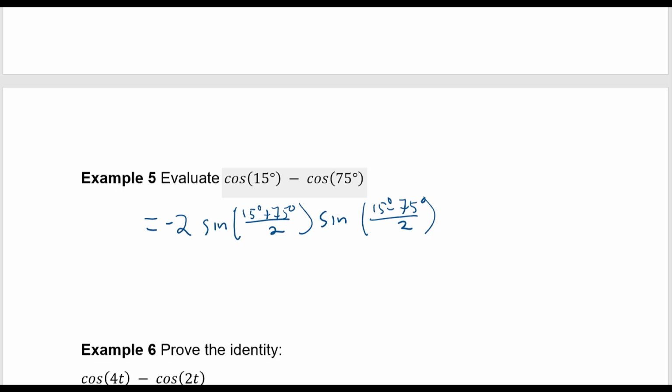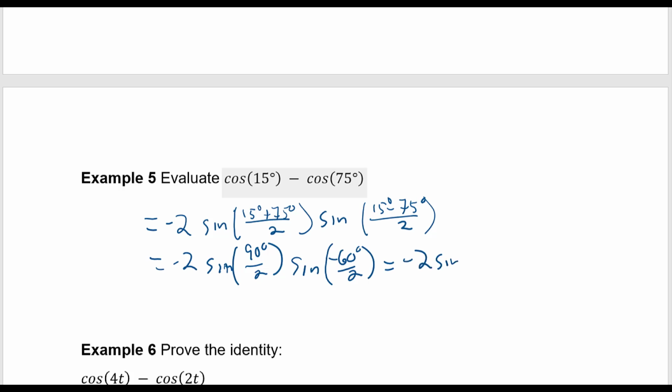So we have negative 2 sine of 90 degrees over 2 times sine of negative 60 degrees over 2. So it's negative 2 sine of 45 degrees, sine of negative 30 degrees.